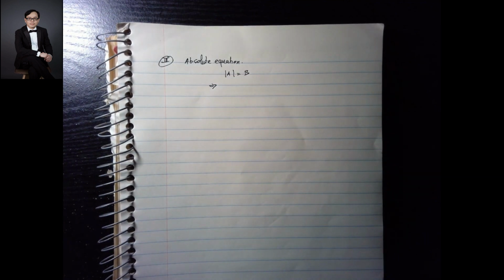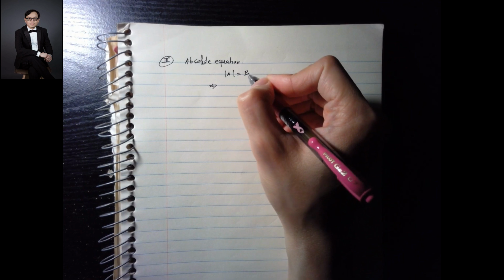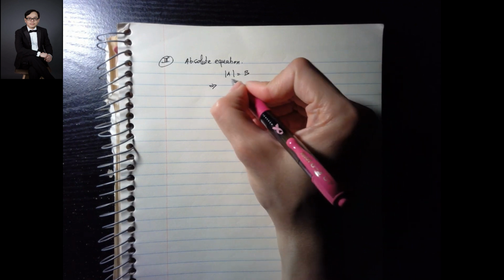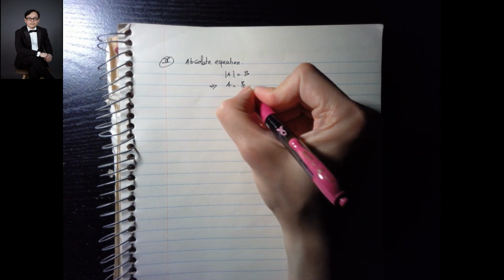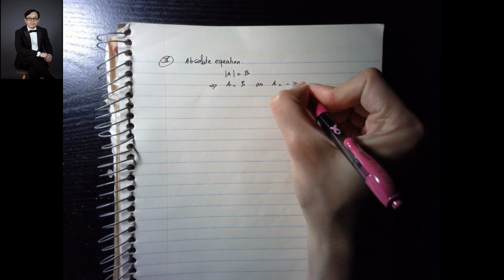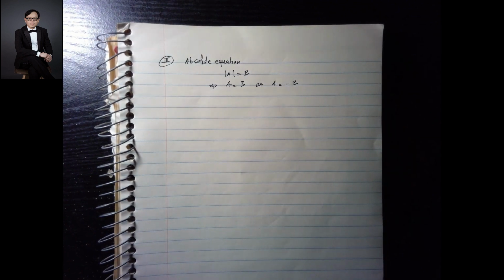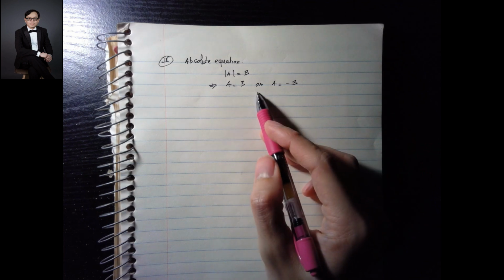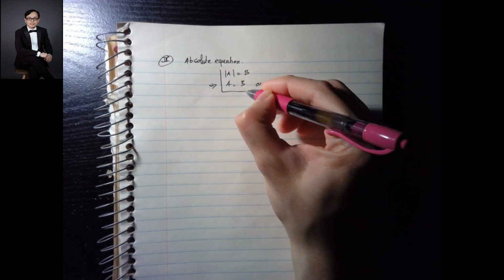Then instead of a equal to b squared as in a radical equation, we're going to have absolute a equal b, so a equal b, or a equal -b. Don't miss the word or, because the formula contains or.